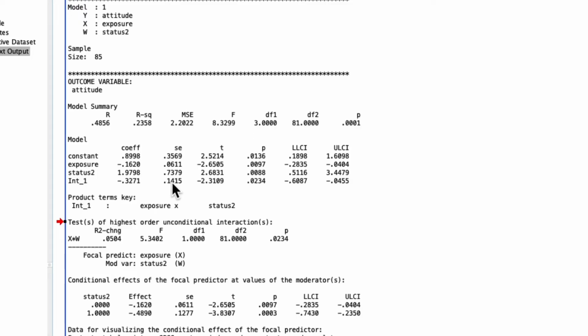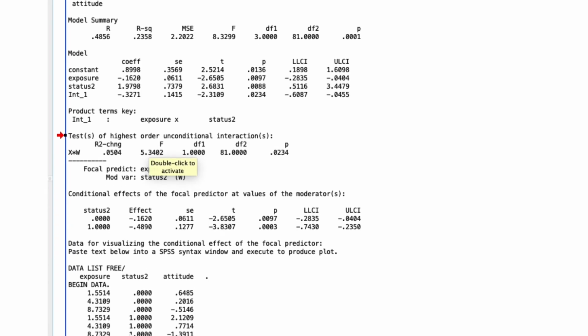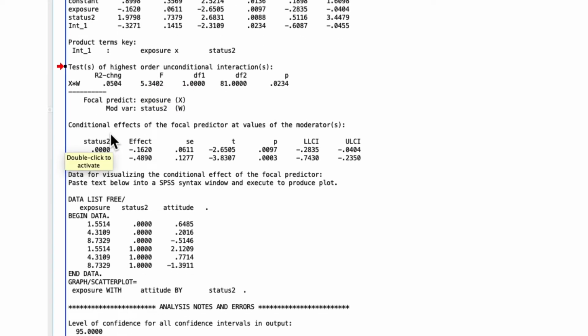And we can find the difference in these slopes by looking at the effect down here, because essentially the conditional effects of the focal predictor at the values of the moderator indicate that if we have the status 0, what is the slope that we have for our regression model? That is minus 0.16.